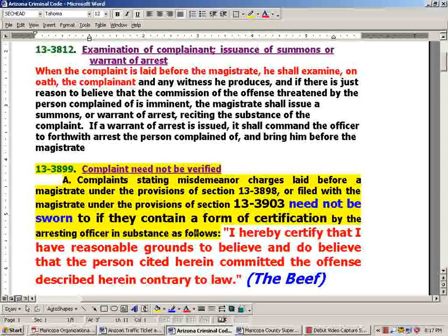Well, first of all, it just said by the arresting officer, so if they give you a ticket, you've just been arrested. They just admitted to it. And for misdemeanor charges, they don't have to swear to it as long as it says on the form, I hereby certify that I have reasonable grounds to believe and do believe that the person cited herein committed the offense described herein contrary to law.